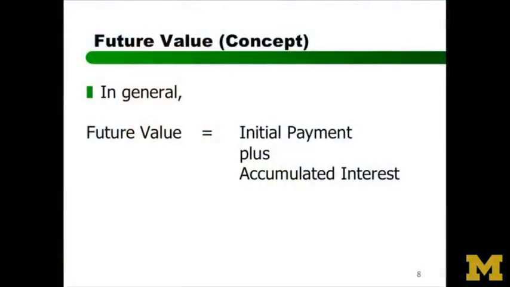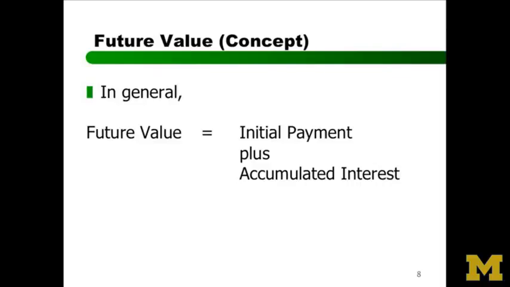So now I'm going to throw the concept at you. In this concept, what it says is the following, that the future value of anything that's carried forward has to have two components. One is the initial payment, and in our example, it's 100. And the other is accumulated interest, which in our example is $10.